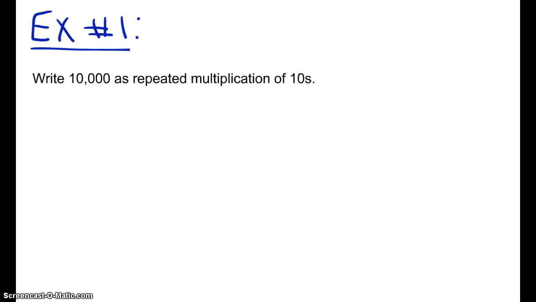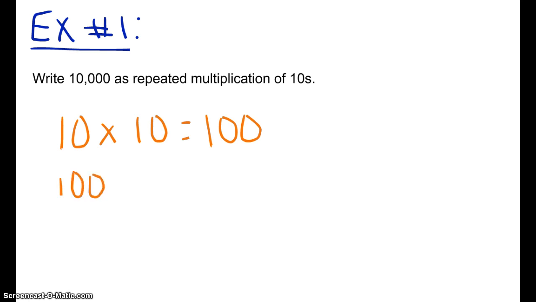Alright, example number 1. Write 10,000 as repeated multiplication of tens. So here's how we can think about this. We know when we start multiplying tens, let's say 10 times 10 equals 100. Okay, so then let's multiply 100 by another 10.